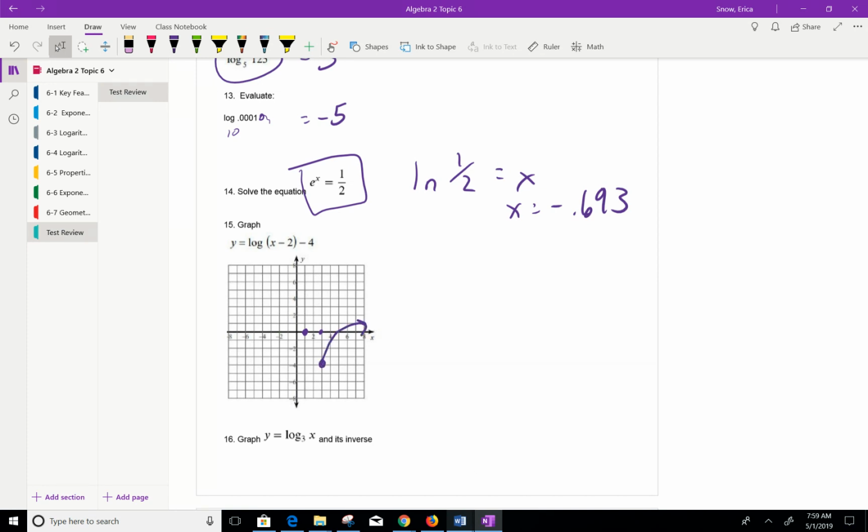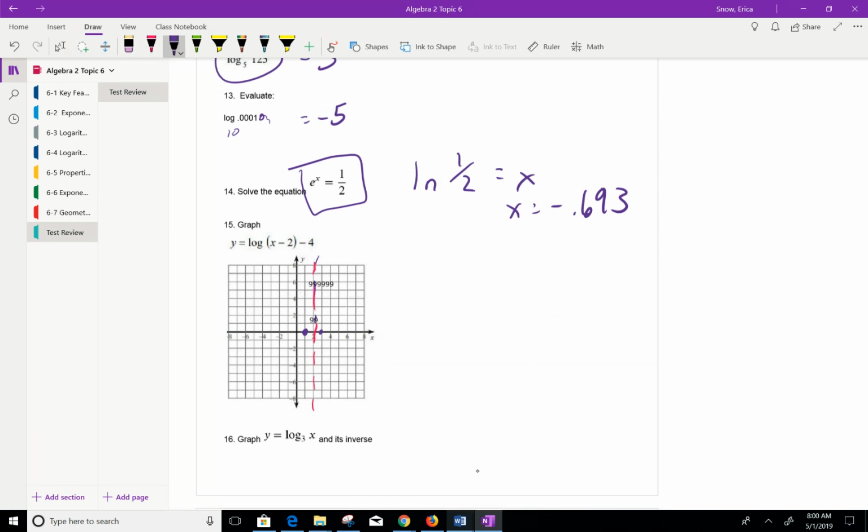So that's our point there. Boom, we're done. Make it look a little more flat. Oh, okay, I'm going to start over. Our asymptote is now at 2 instead of at 0.